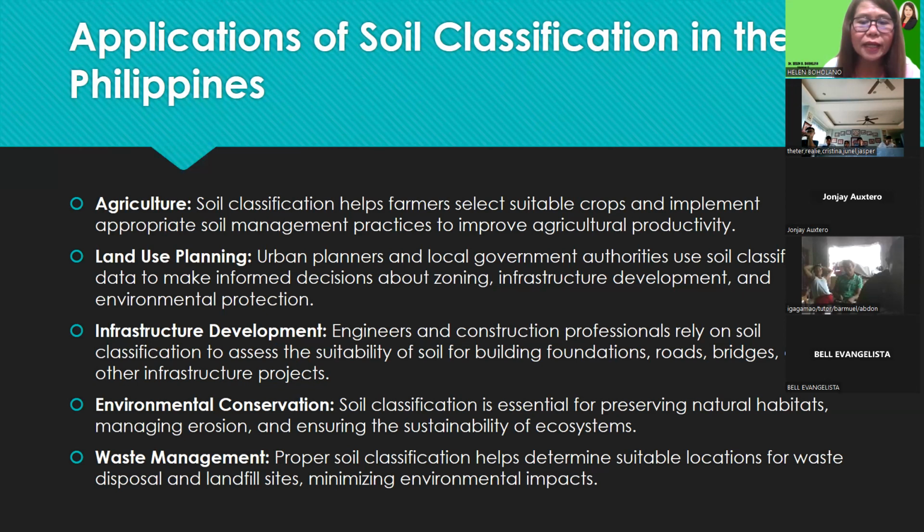Then land use planning, where engineers and urban planners may determine building foundations, roads, bridges, and other infrastructure projects. Then environmental conservation. Now, we know this. Areas prone to floods and soil erosion could be prevented if the taxonomy of soil was done well.